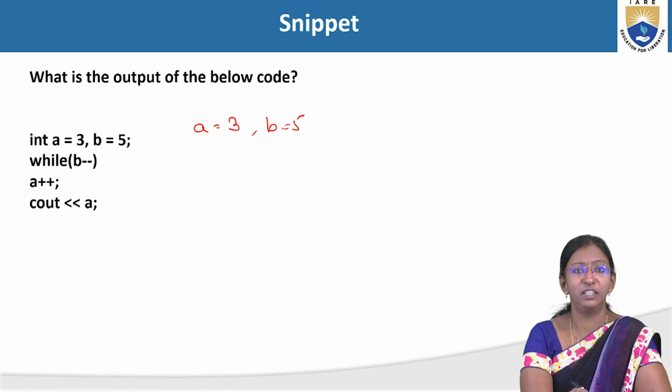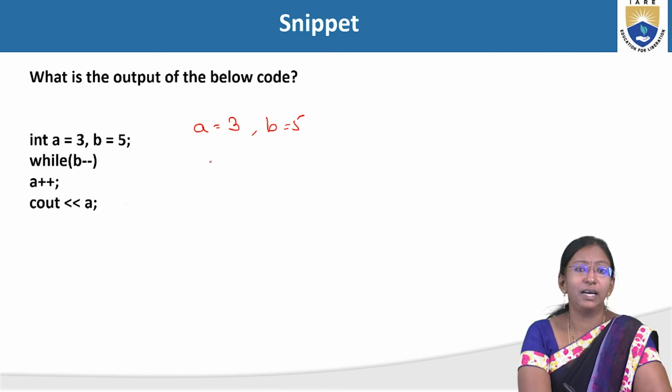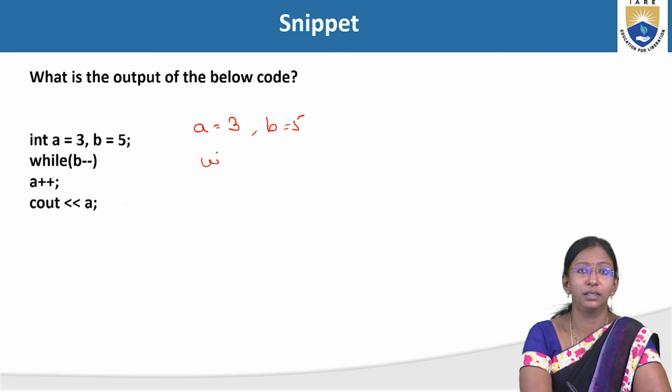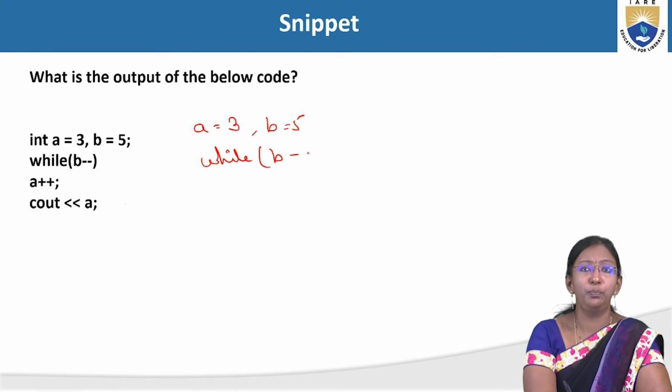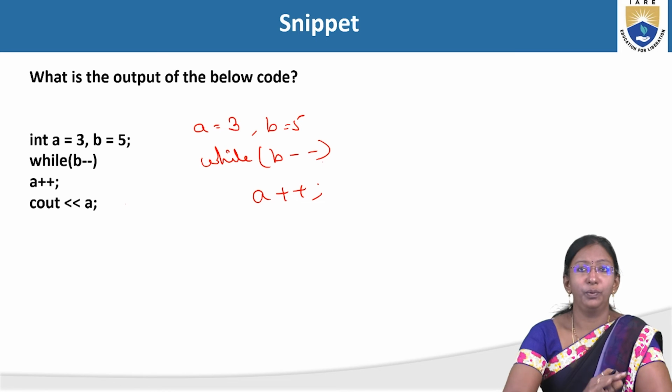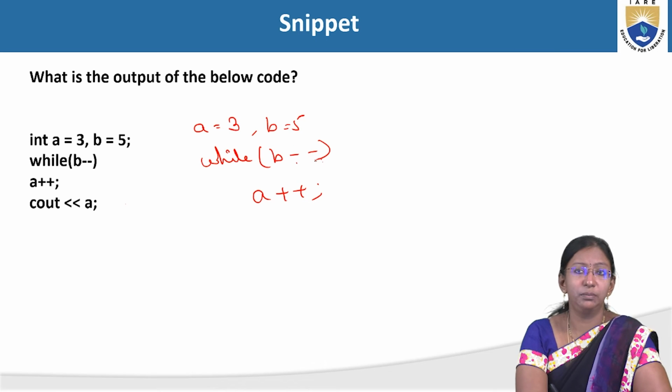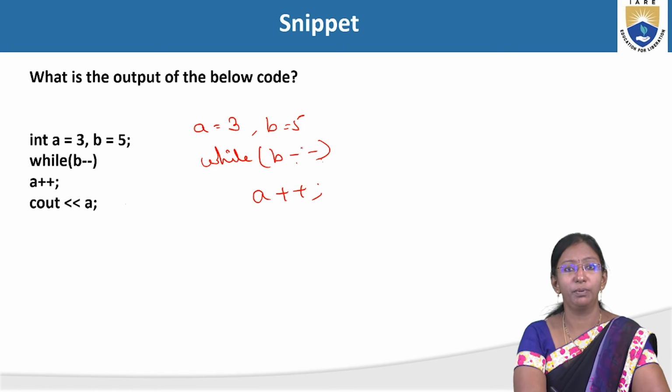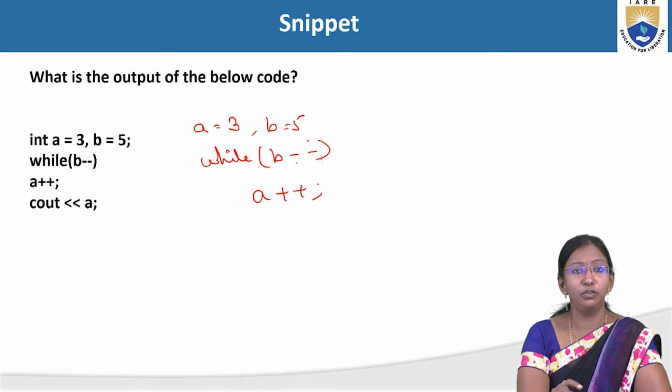This is the initialization part. The while condition is B post decrement, and the body is post increment of A. So what does post decrement mean? The post operator, increment or decrement, tells us to first use the variable wherever it is placed, and then decrement it.